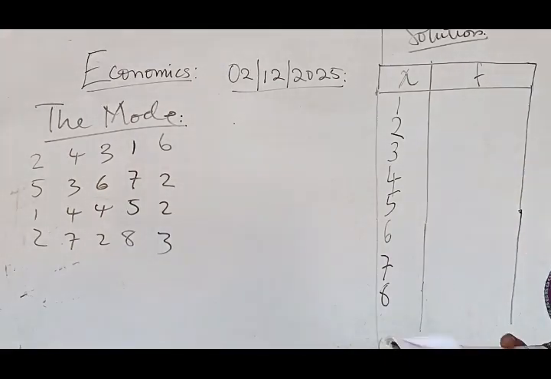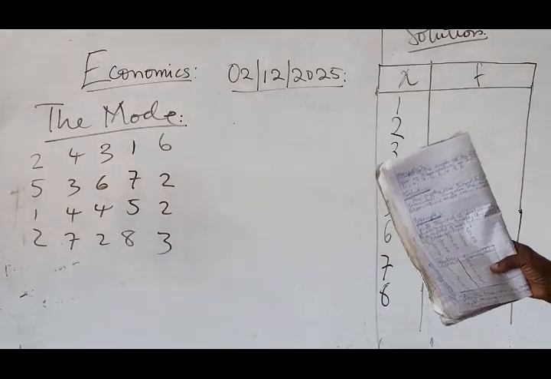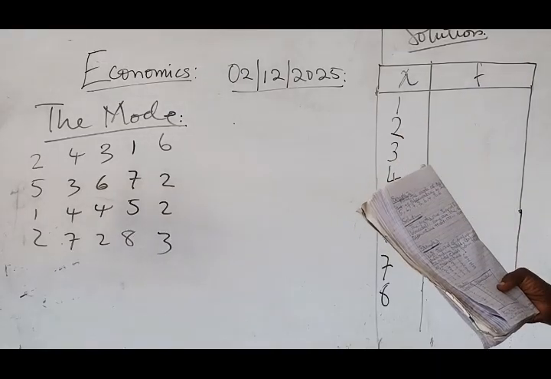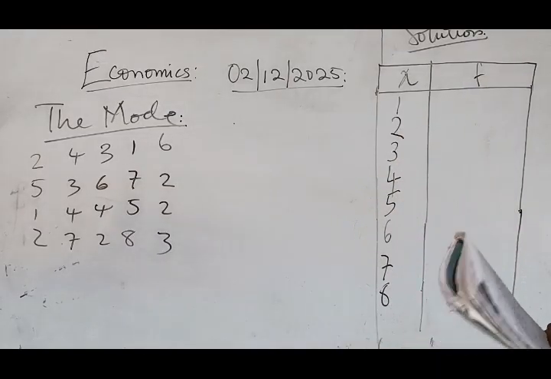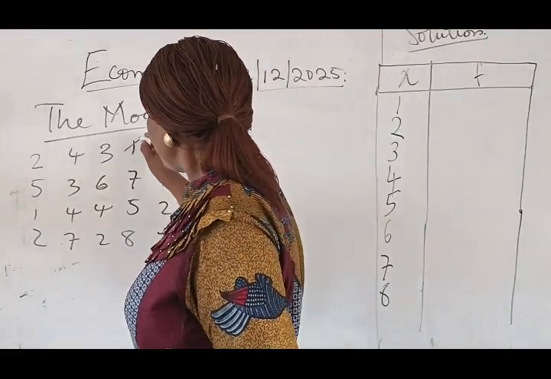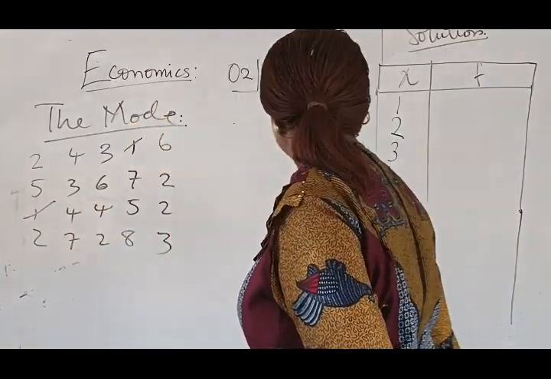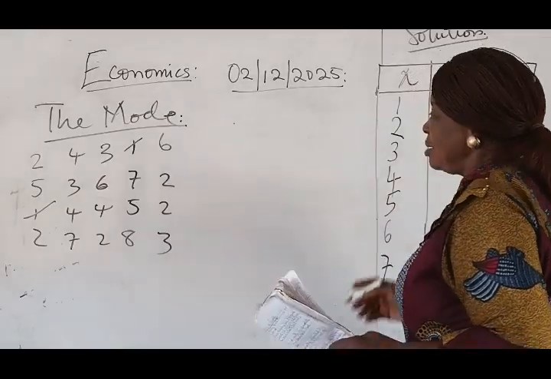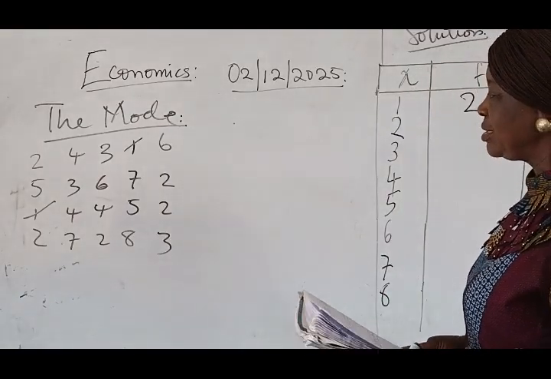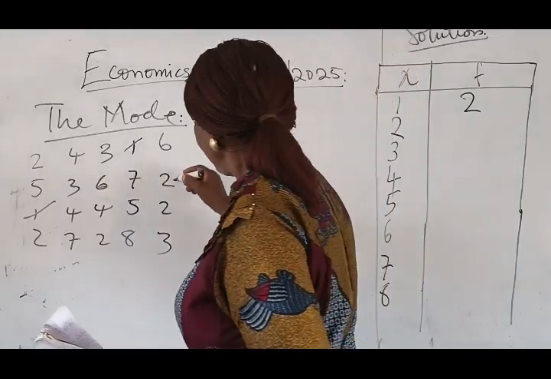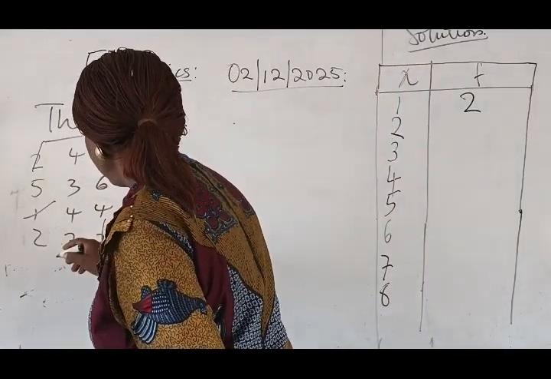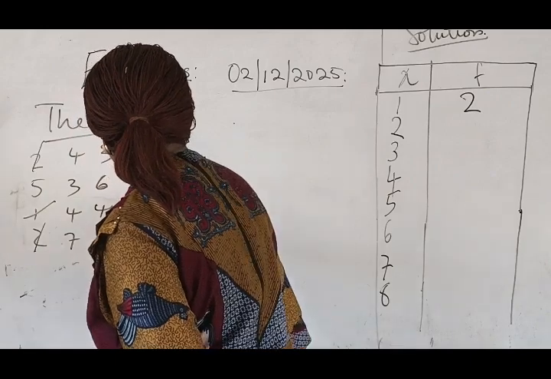Then we have to find the number of times each number appears. That is the frequency. So we start with 1. 1 appears how many times? You go to the distribution. 1 appears 2 times. 2 appears how many times? We have 1, 2, 3, 4, 5.